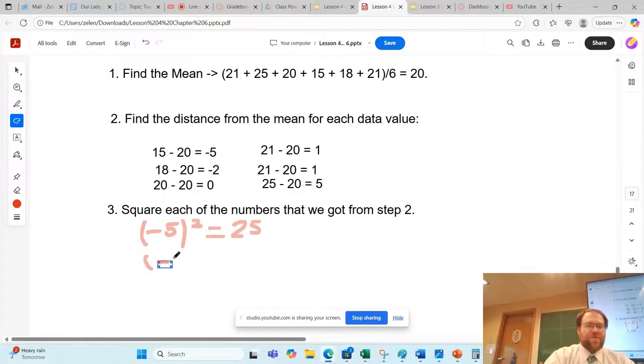From there, -2 squared is 4. 0 squared would be 0. 1 squared for 2 of them, and then 25 again.